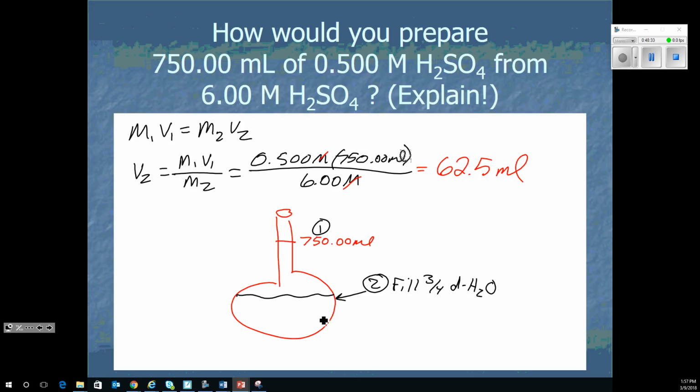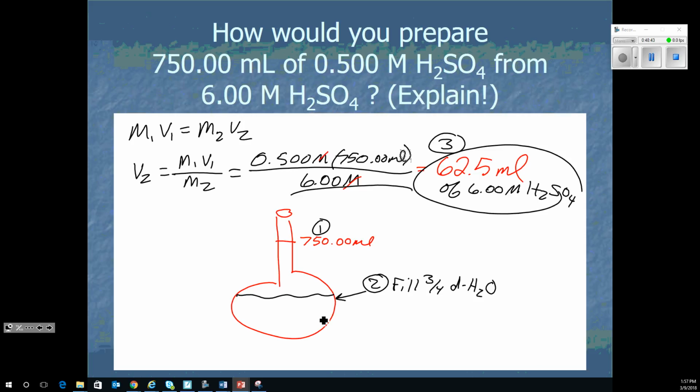Step 3 would be to put this much of 6.00 molar H2SO4 into the volumetric flask. Step 4 would be to swirl it. That's my shortcut version to say swirl it. Step 5 would be to again take distilled water and add until the bottom of the meniscus hits that line.